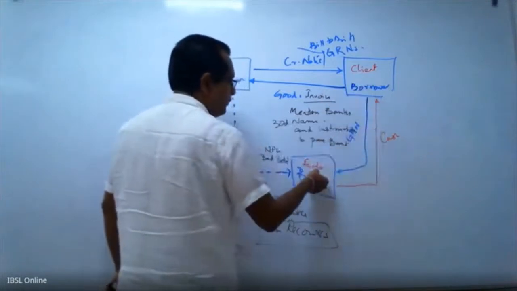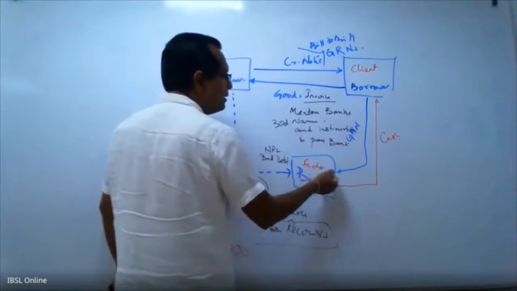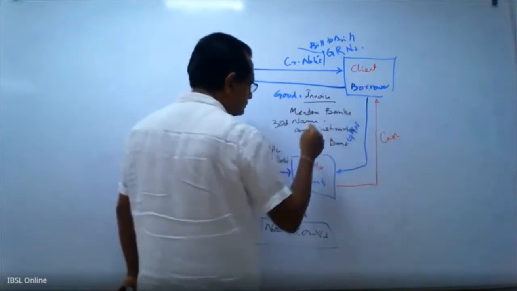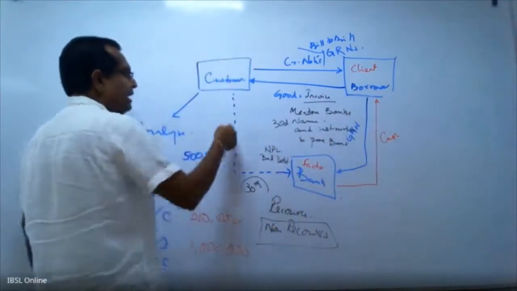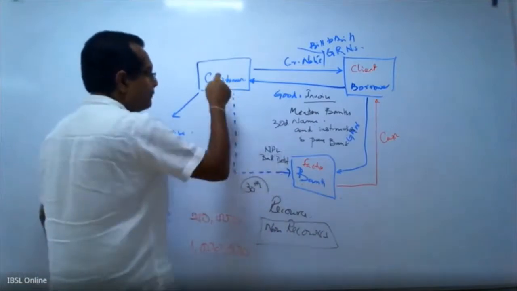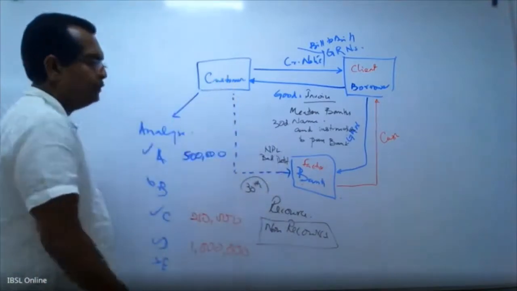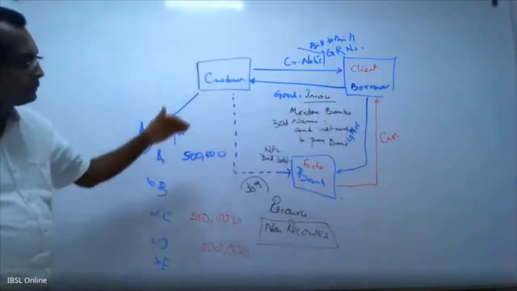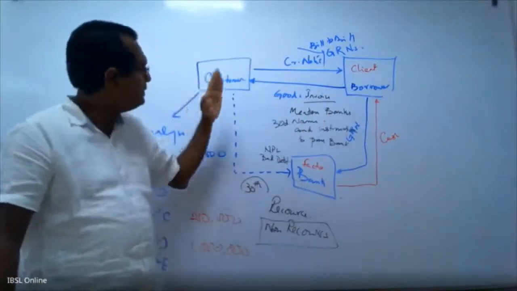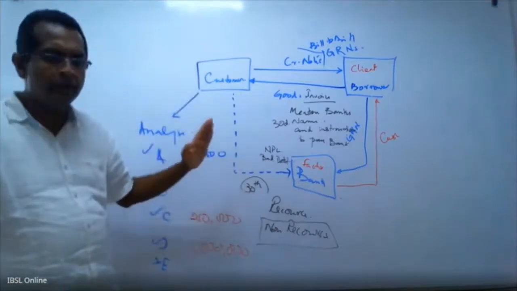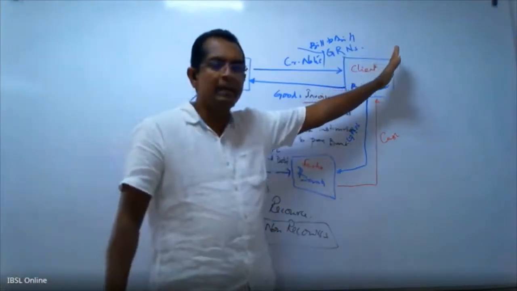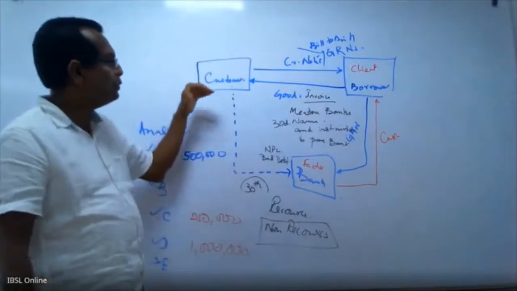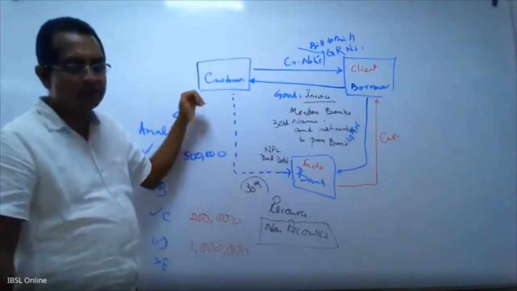The client brings the invoice to the bank, and the bank gives money upfront. Then on the 30th day, the bank will collect from the customer, not from the client. Right? If the customer defaults, the bank will not go behind the client. They will have to deal with this customer for recovery.